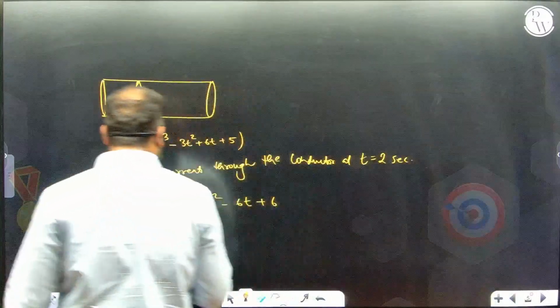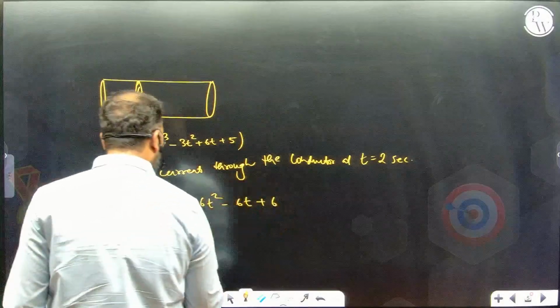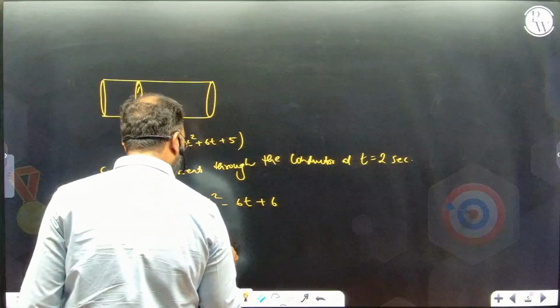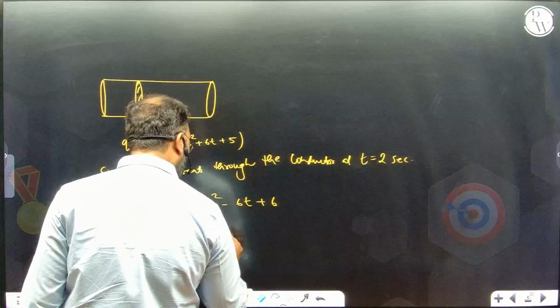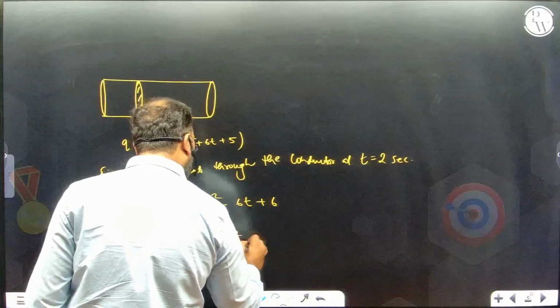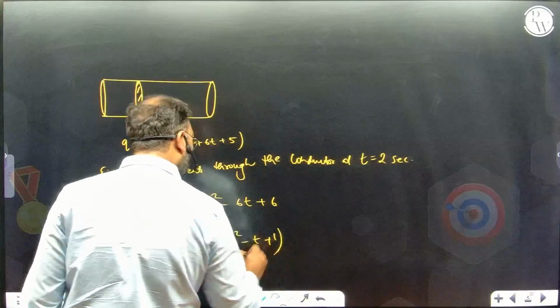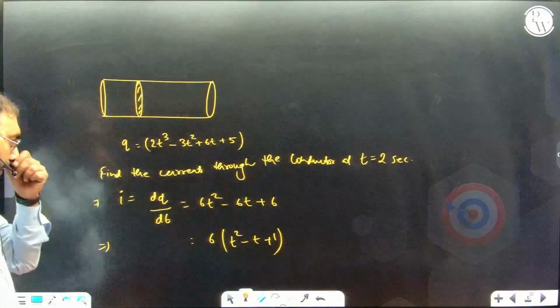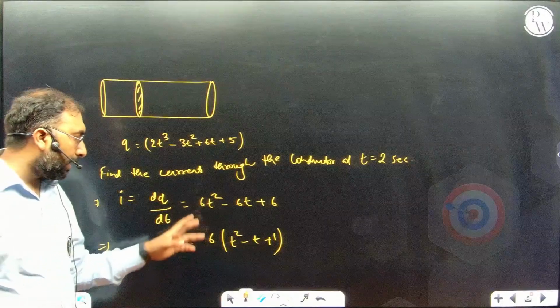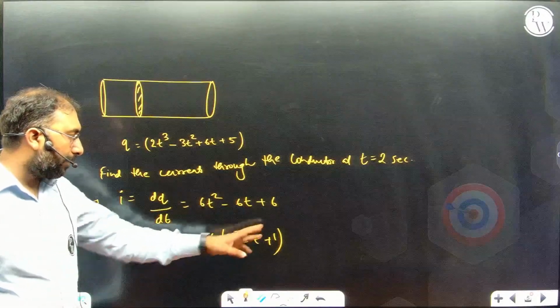So taking 6 common here, I'm getting t square minus t plus 1. I hope I have done the calculation correctly. 6 I have taken common, then it is t square minus t plus 1.